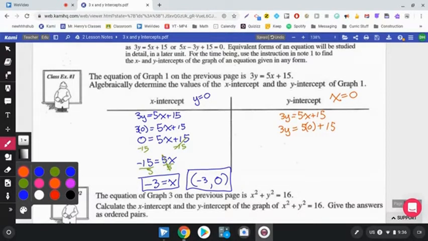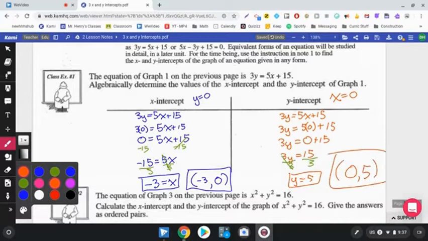And I'll simplify and then solve. 5 times 0 is 0. And then 0 plus 15, that's really just 15. And then I just have one algebra step. Get the 3 away, get the y all on its own. y is equal to 5. And hey, absolutely, my ordered pair, 0, 5. That's the same thing we actually did before.